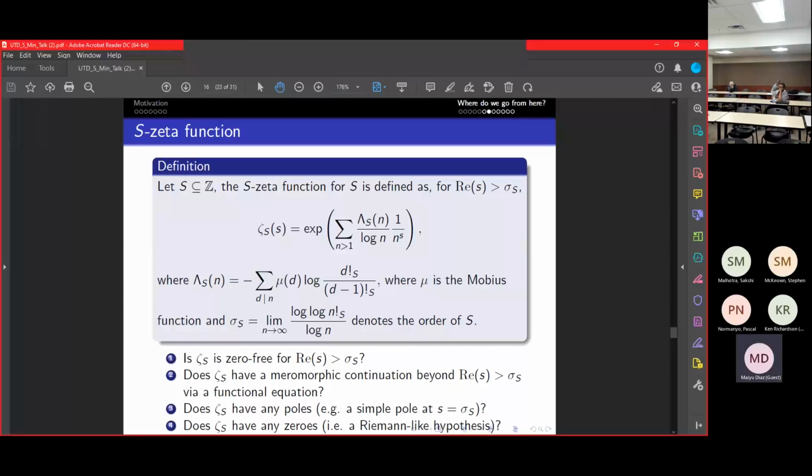Does it have a meromorphic continuation beyond the half plane, for which real part of s is greater than sigma sub S, by some functional equation? Does it have any poles? And does it have any zeros?